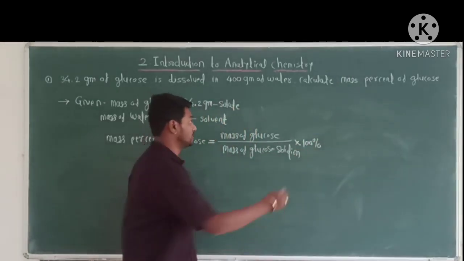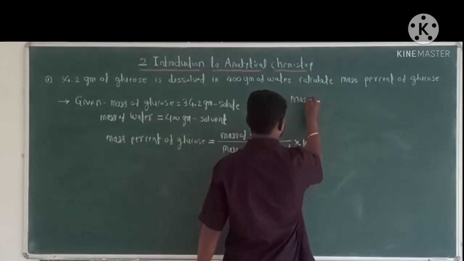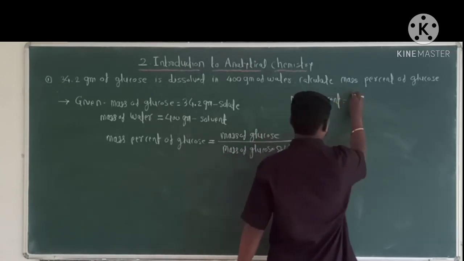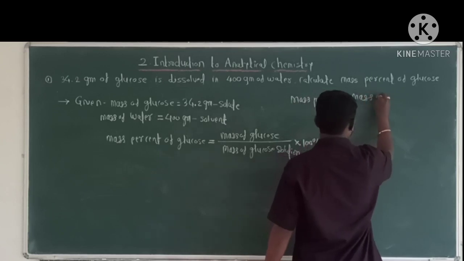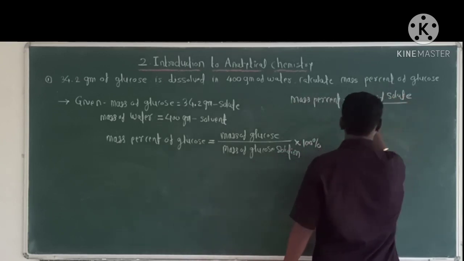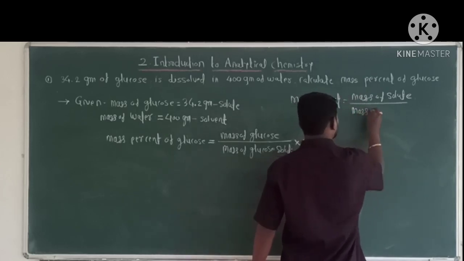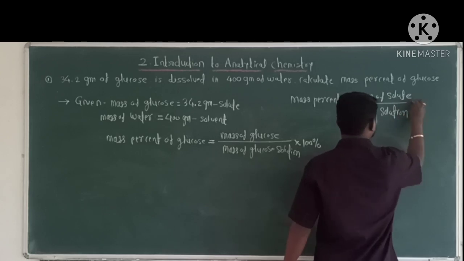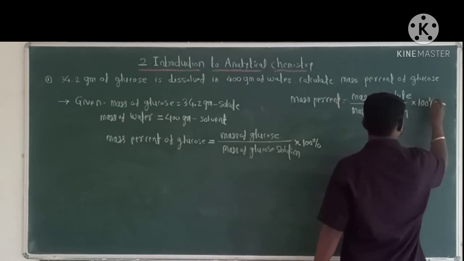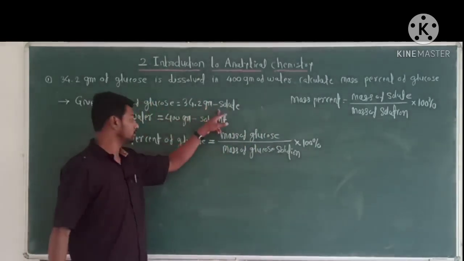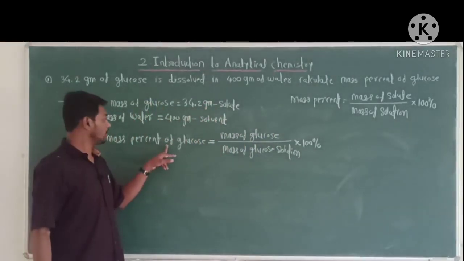The mass percent is equal to mass of solute divided by mass of solution into 100 percentage. In this numerical, glucose is the solute.